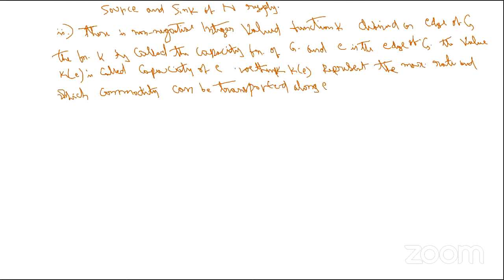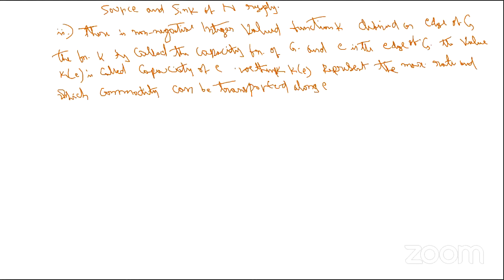Vertices which are neither source nor sink are called intermediate vertices. In general, in a transport network, the source S has in degree zero and the sink D has out degree zero.